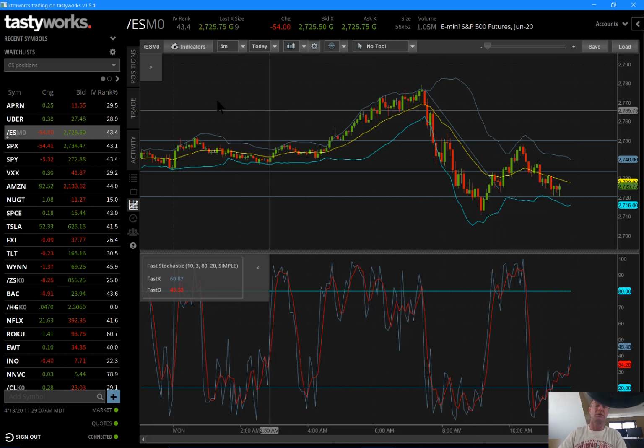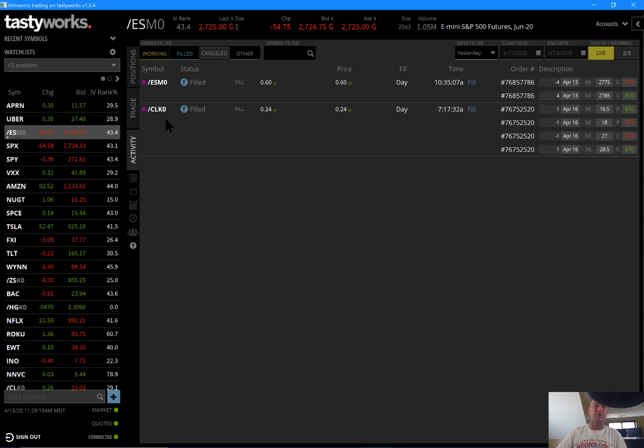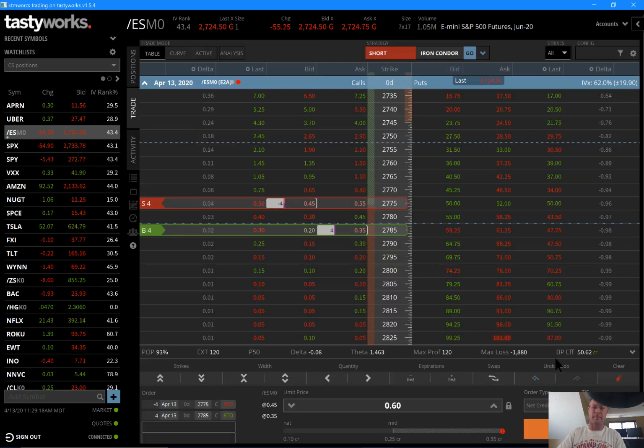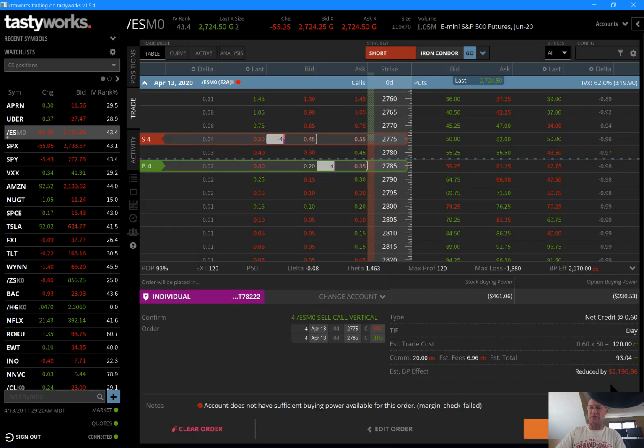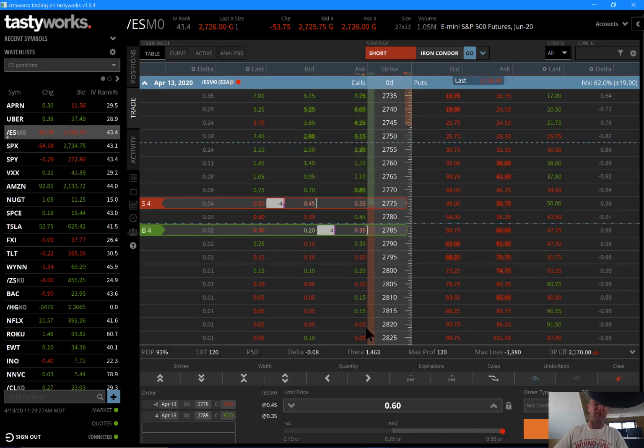So again, just to reiterate what we did, we sold this 60 credit on the call leg. That was about a $2,200 trade, brought in about $90, a 4.5% rate of return on that trade.